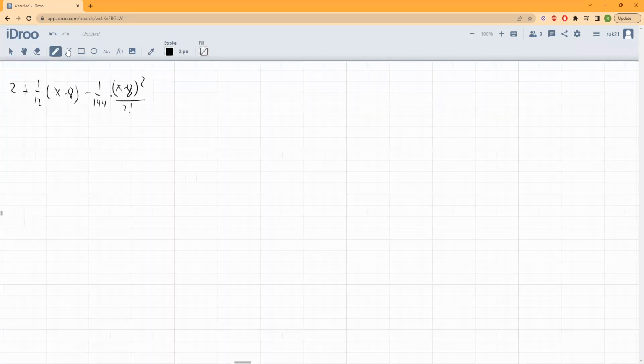To find the error of a certain Taylor polynomial, we use Taylor's inequality. You have f to the n plus 1 of x times x minus x naught to the power of n plus 1 over n plus 1 factorial. So your error is always going to be smaller than this.